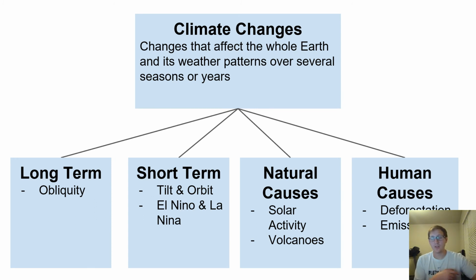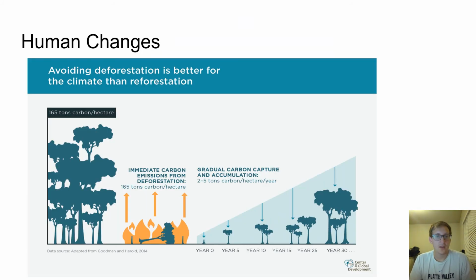Okay, so moving on, last part, human causes, deforestation, and emission. We cut down trees mostly for lumber, for paper, for all kinds of things. Avoiding deforestation is better for the climate than reforestation. It's actually better to not cut down the trees in the first place than to plant new ones.